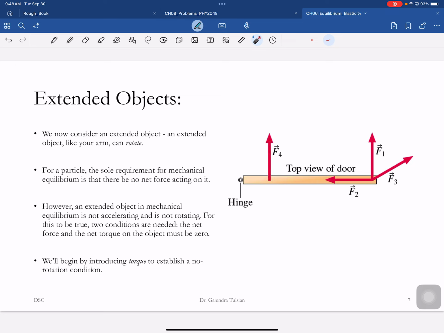And torque, it's denoted by tau, is the force times the moment arm. So for this force, this is the moment arm. It's the perpendicular distance from the line of action of the force to the hinge.